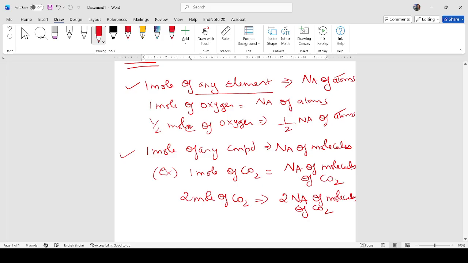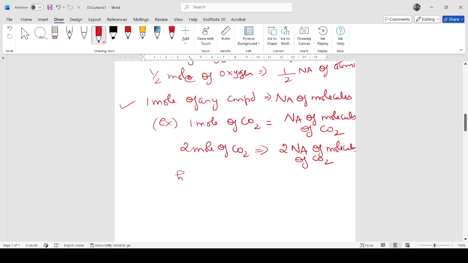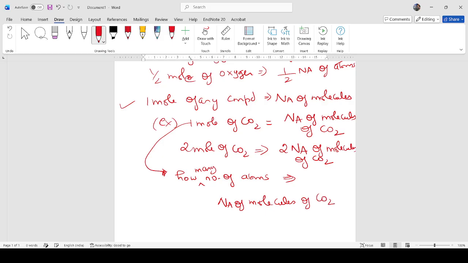All right. If I want to know how many atoms are present for 1 mole of carbon dioxide, then what would I do? You said Avogadro number of molecules of CO2 will be there. With respect to atoms, what should you do? Multiply by the atomicity. I can see 1 carbon is there, 2 oxygen is here, right?